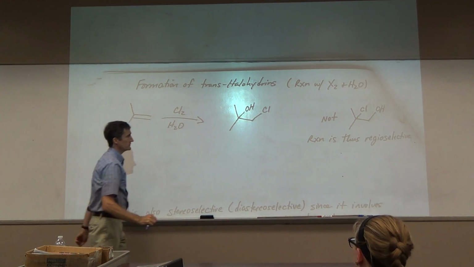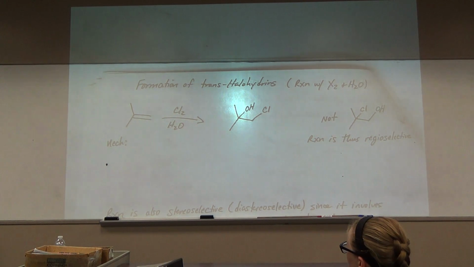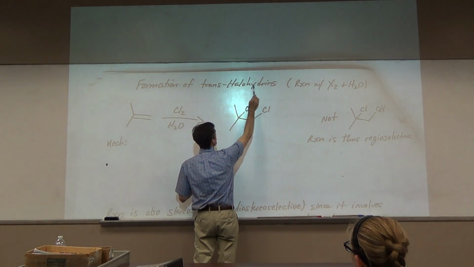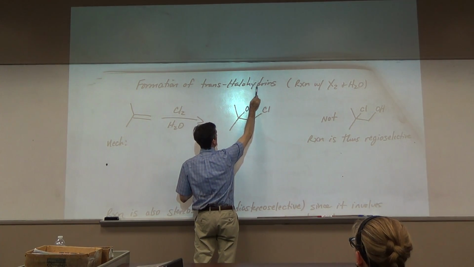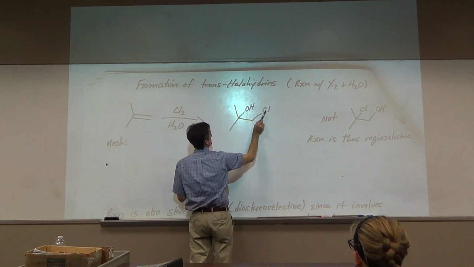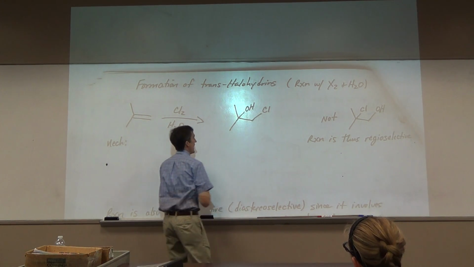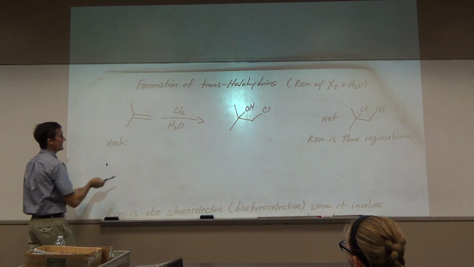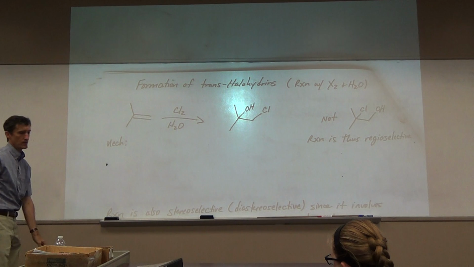This example really is not able to illustrate trans, but it does show you how it's a halohydrin. What is that? Halogen, hydra. This is like it's been hydrated, like you're going to have an OH added. Halogen and OH added across the pi bond. Halogen on one carbon, OH on the other.